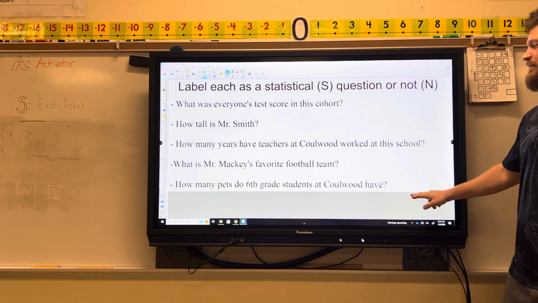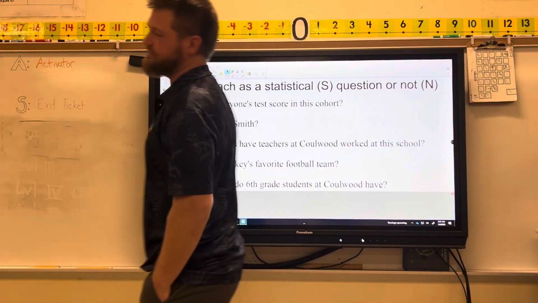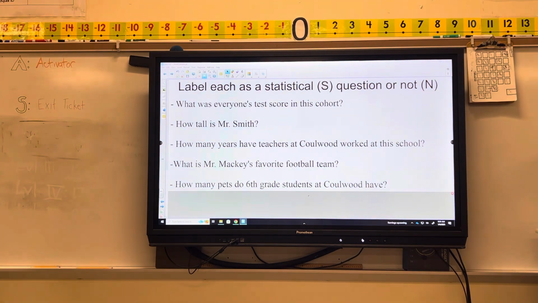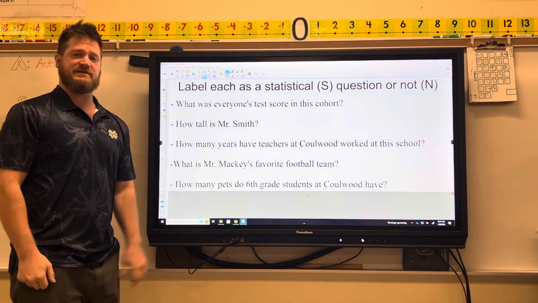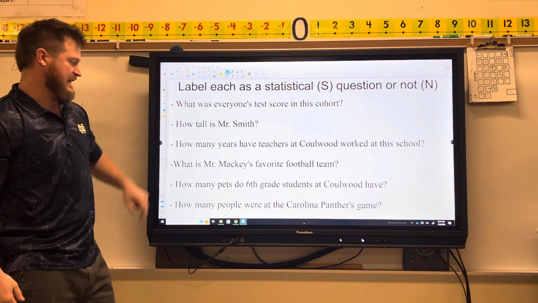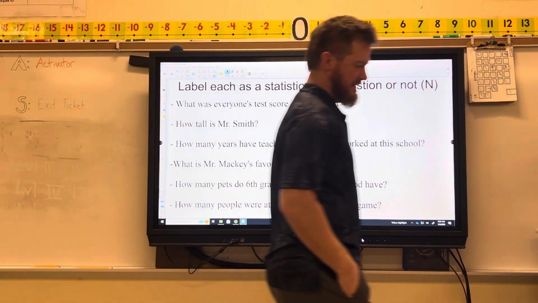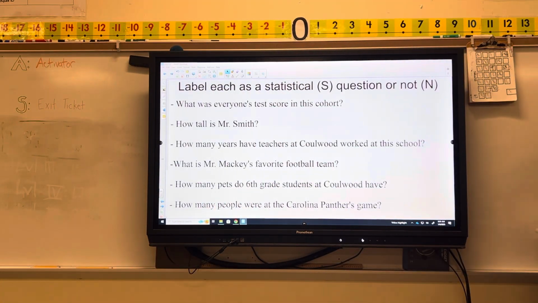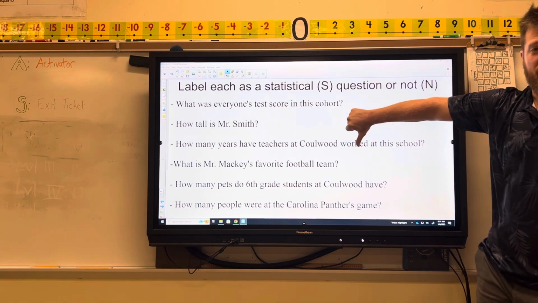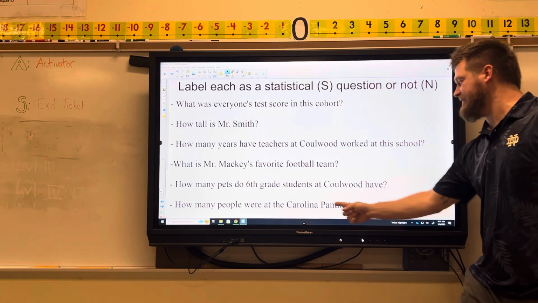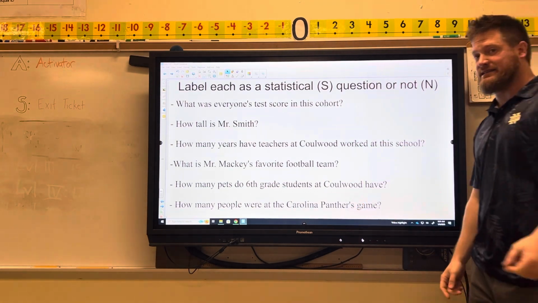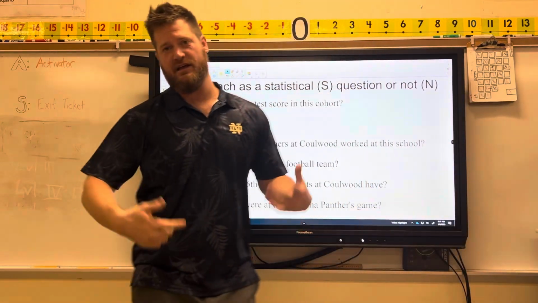The next one, how many pets do sixth grade students have at Coolwood? That is statistical because not everyone's going to have the same amount. And last but not least, how many people were at the Carolina Panthers game? Hopefully you said N or thumbs down, not statistical, because even though it's probably a large number, it is still just one number, aka one answer.